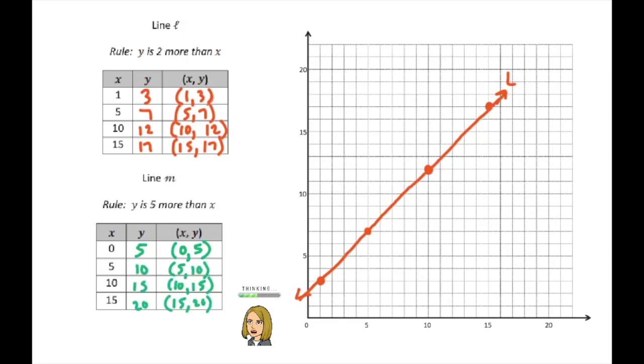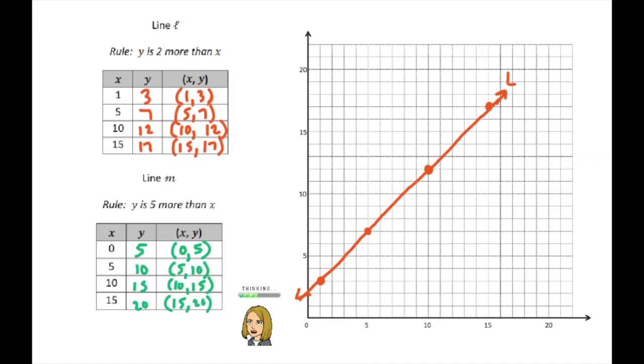Fantastic work. As you can see here, I have completed the rest of the chart following the rule that y is 5 more than x. So for my second coordinate pair, I have x is 5, y is 10, because 5 plus 5 is 10. I also have 10 and 15, and then 15, 20.